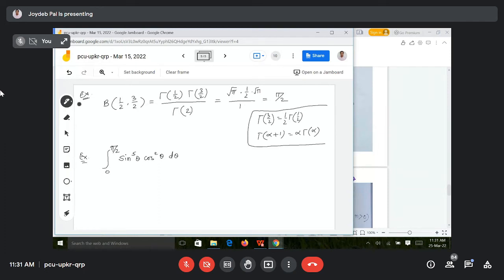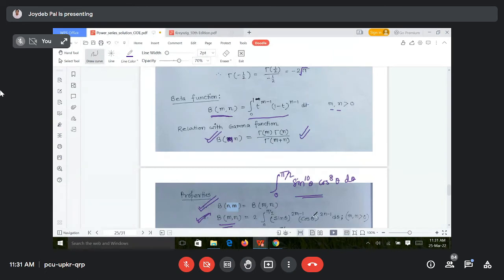Now compare with this form: the integral from 0 to pi by 2 of sine theta to the power 2m minus 1 cos theta to the power 2n minus 1 d theta is equal to 1 by 2 beta m, n.